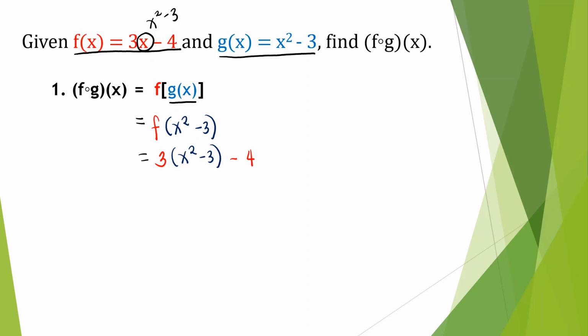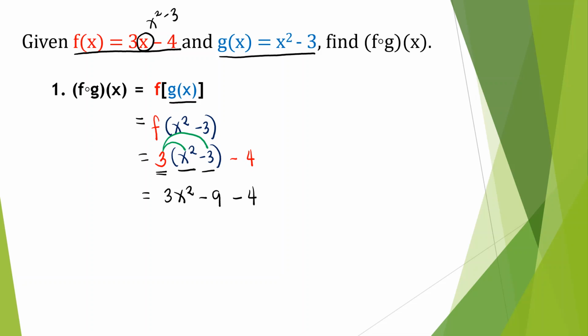Let us apply the distributive property of multiplication. So we have 3 times x squared is 3x squared. 3 times negative 3 is negative 9, minus 4.